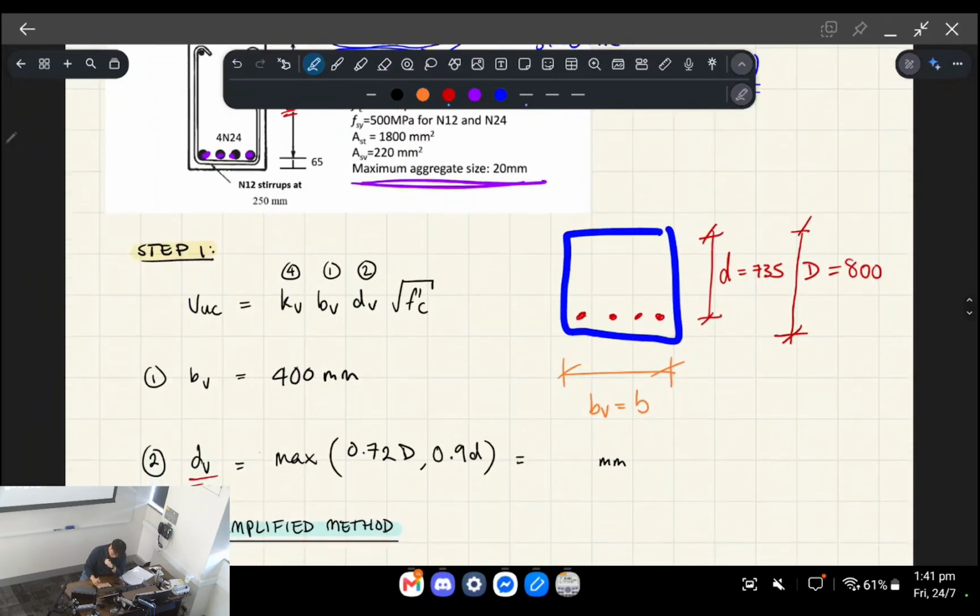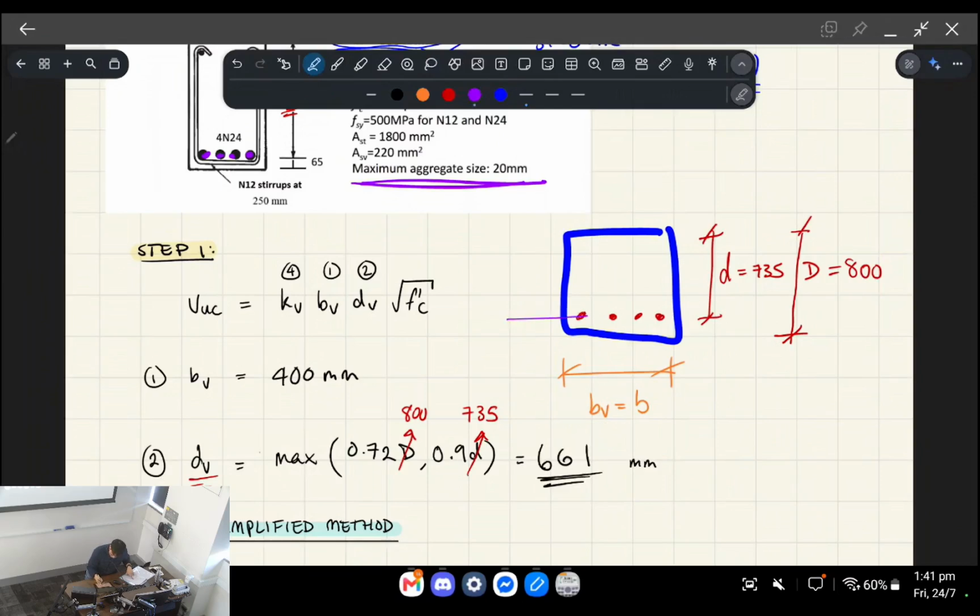What we're saying with dV is that you take 72% of your overall depth and 0.9 of your effective depth. You substitute in 800 and 735, and find the maximum between those two things. In our case, it's 661, so that's the value we take for dV.